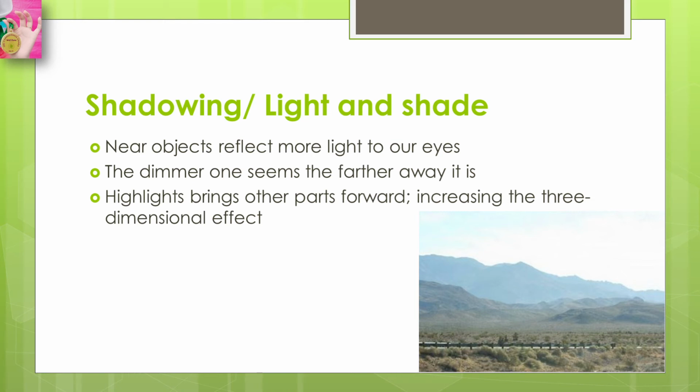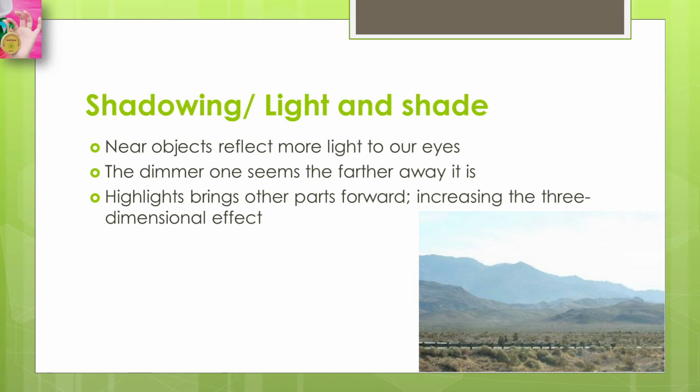Assume that light comes from above and highlights bring other parts forward, so increasing the three-dimensional effect. This illusion can also contribute to accidents when a fog-shrouded vehicle, or one with only its parking lights on, seems farther away than it is.